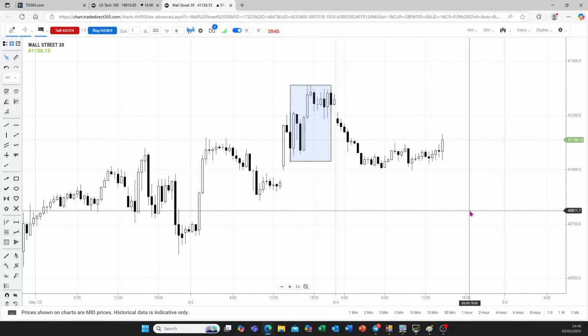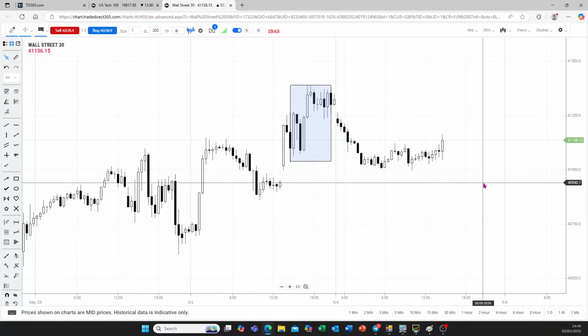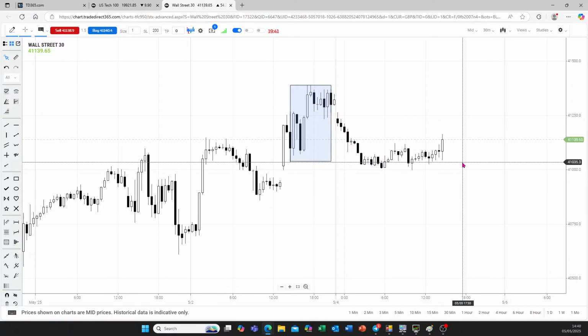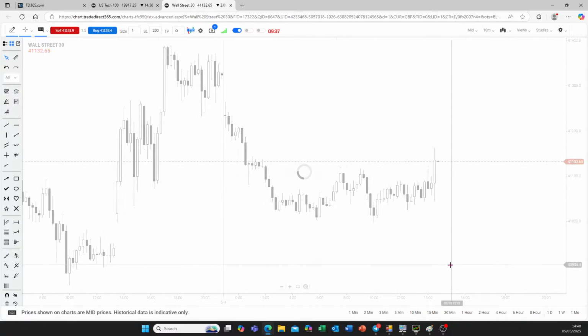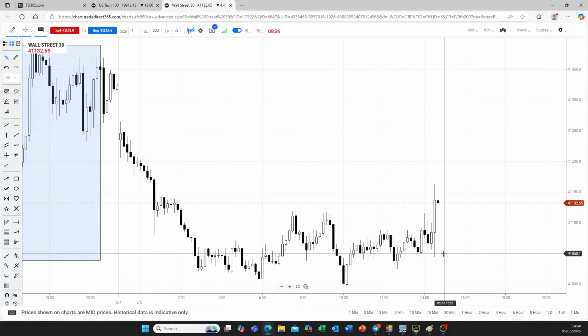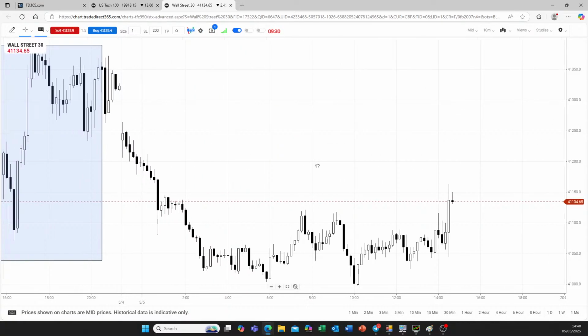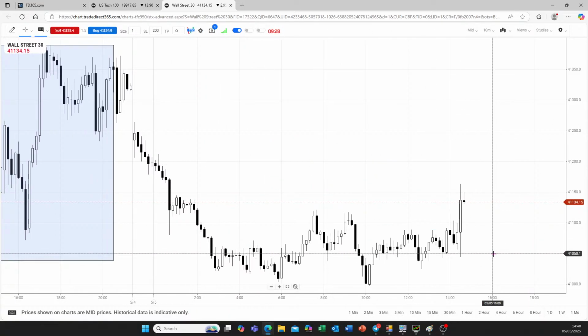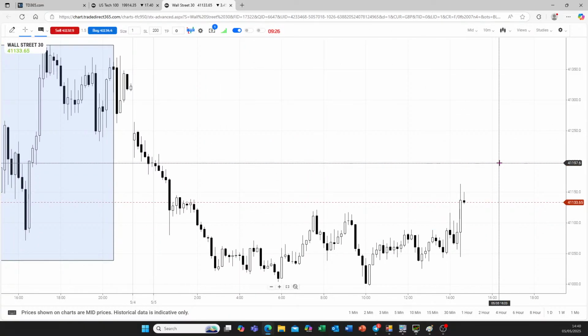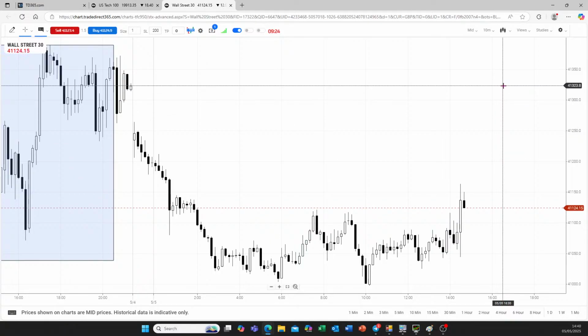So this is approximately the range for the Dow Jones index. And so when the Dow opened this morning, you should be able to see that we actually opened inside the trading range. And when that happens, the odds are much higher that we're going to see continuation for a gap fill.